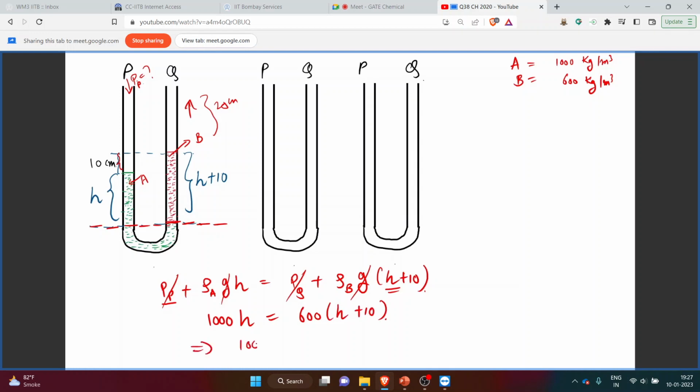This will become 1000 h minus 600 h is equal to 6000. So the value of height will be 6000 upon 400, that is 15 centimeters. So this height h is 15 centimeter, and this will then become 25 centimeter.